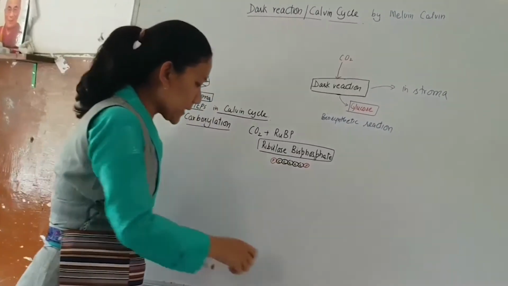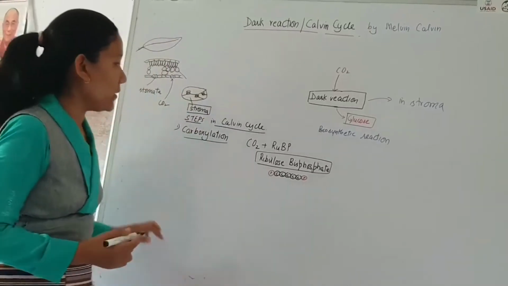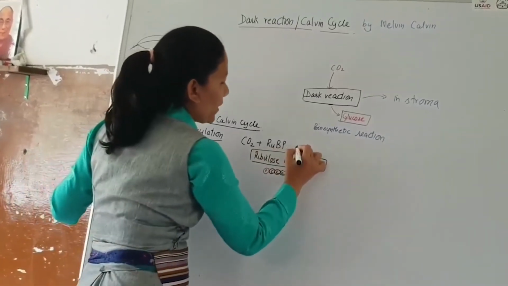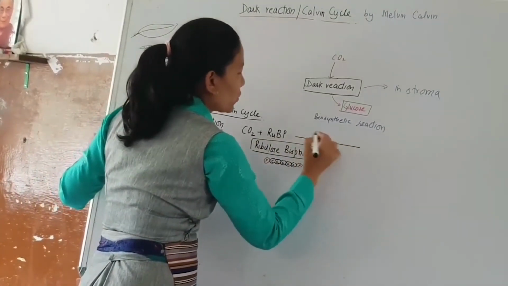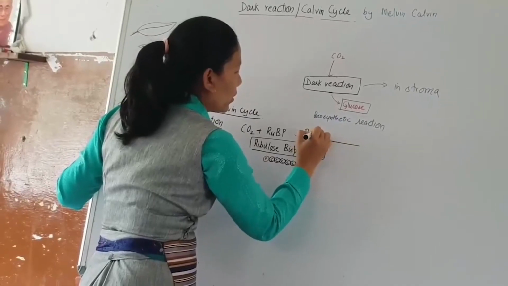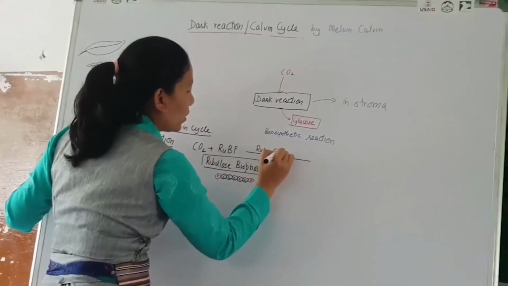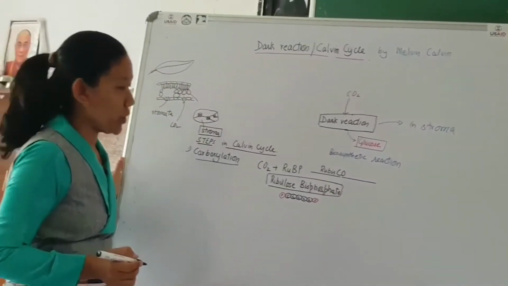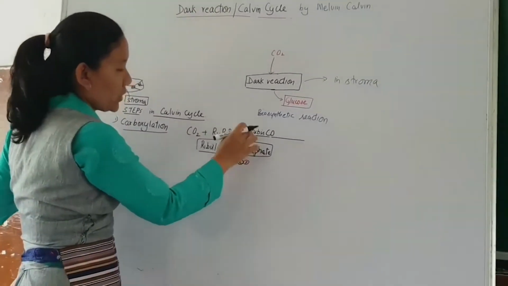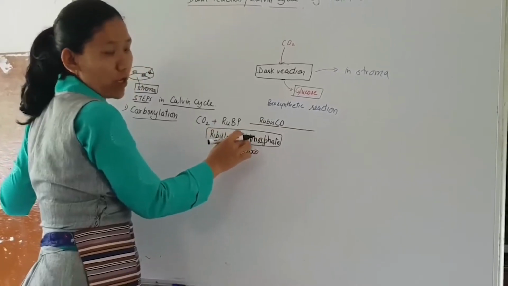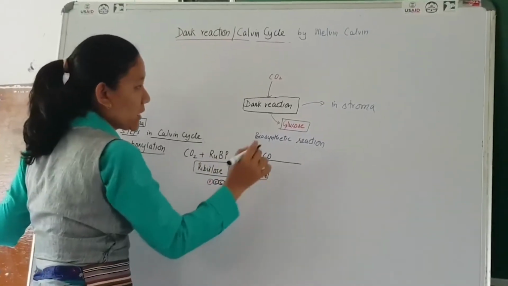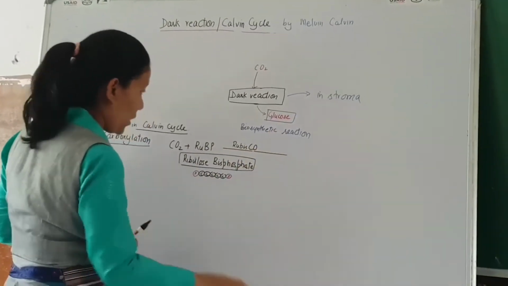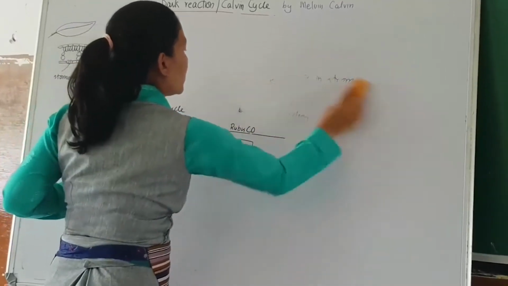The fixation is catalyzed by the enzyme Rubisco. The full form of Rubisco is ribulose bisphosphate carboxylase oxygenase. So I just write it here.